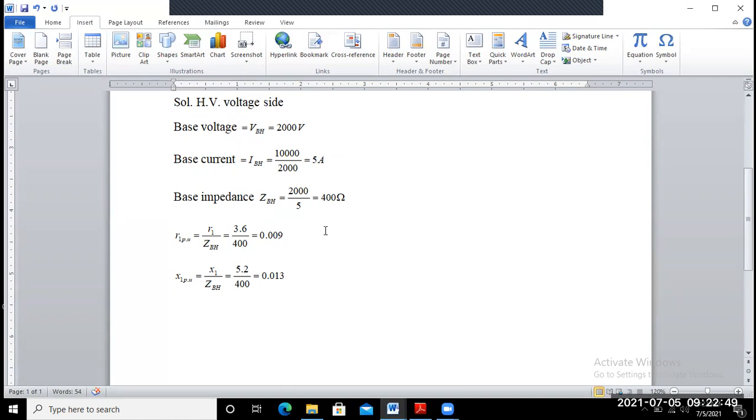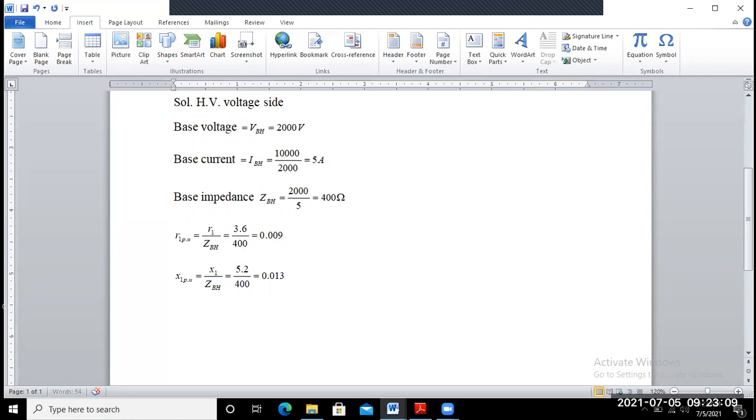So how much is the R equivalent in the high voltage side, in ohms? R equivalent in the high voltage side means R1 plus R2 referred to the primary side.